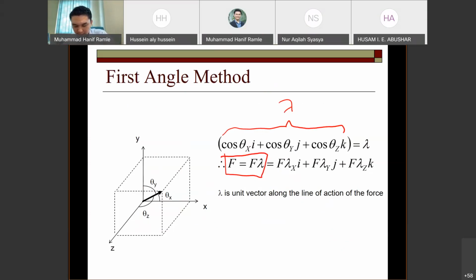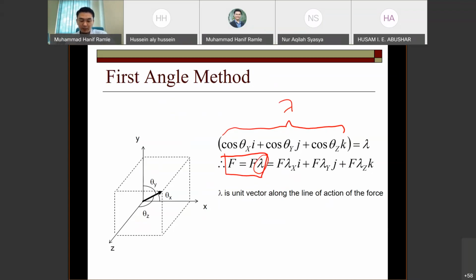F lambda is a very simplified equation, and you have to remember that lambda is equal to cos theta x i plus cos theta y j plus cos theta z k.